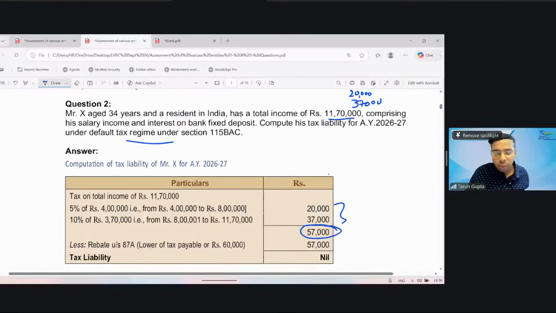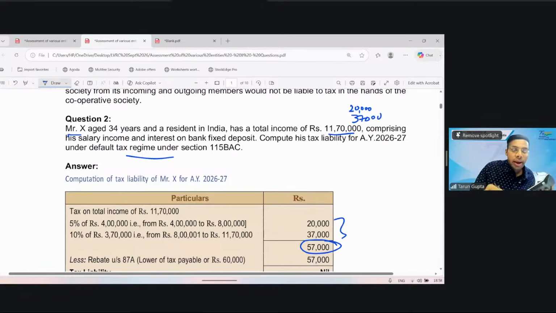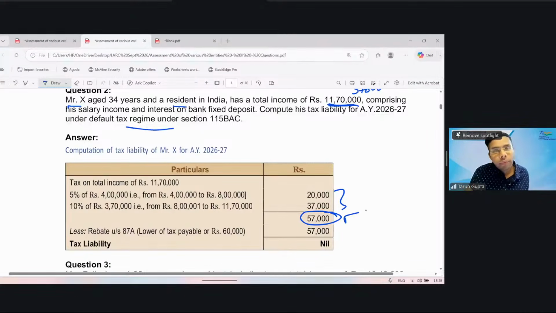But he is an individual, he is a resident, and his total income is up to rupees 12 lakh, below 12 lakh at 11,70,000. So he is eligible for a rebate equal to the amount of tax or 60,000, whichever is less. Given a rebate of 57,000, his tax liability is nil.